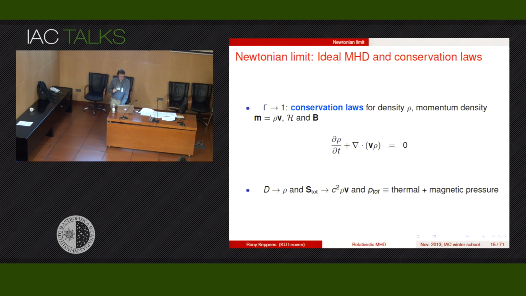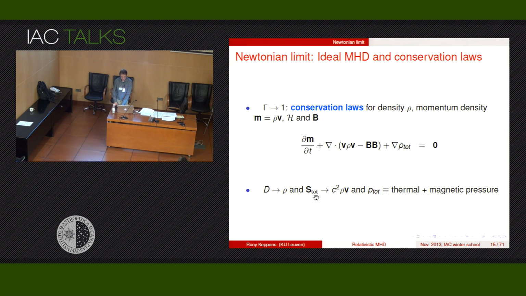So the Newtonian limit, you know the Newtonian limit, is the limit when the Lorentz factor goes to 1. You go to conservation laws for density, and this is what mass conservation was. The only thing that has changed is that the new quantity is the rest mass density times the local Lorentz factor. That's simple. This is the momentum density equation.